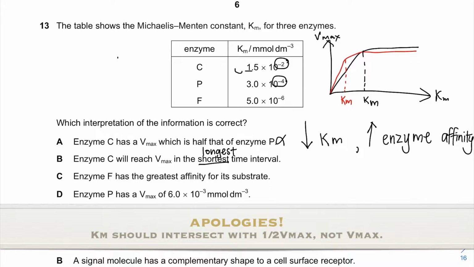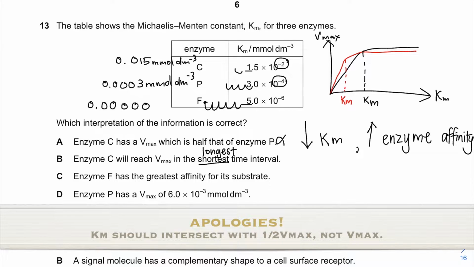For P, it is 0.0003, and for enzyme F, 0.000005 millimole per decimeter cube. So enzyme C has the largest amount on this scale, so it would actually be this enzyme in comparison.